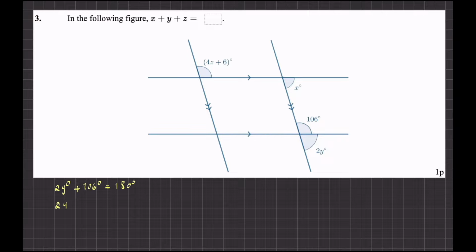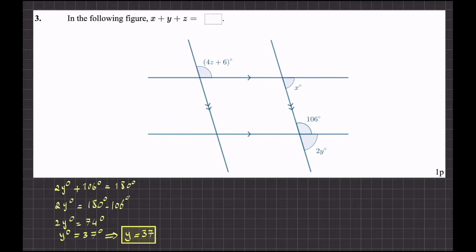So 2y degrees is equal to, I move 106 to the other side, and then 2y degrees becomes 74 degrees. I divide by 2, so y degrees becomes 37 degrees, but I drop the degree signs because I want a pure number, so y becomes 37.